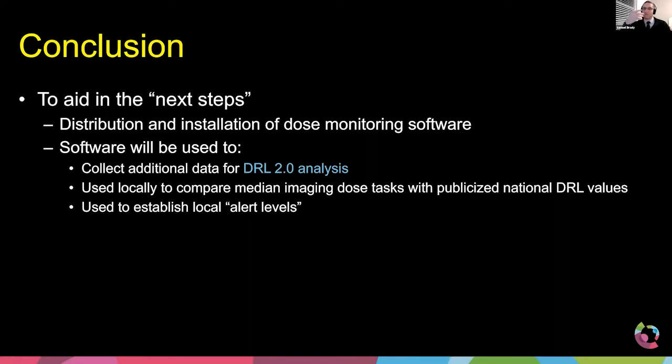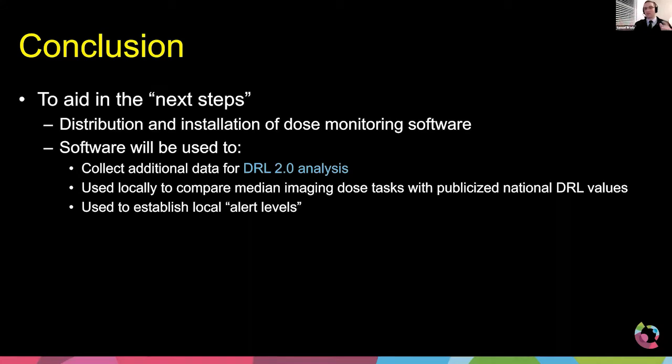So once you have your software installed and you have an adult, a kid, someone go in for their non-contrast brain, and you've set your alert level at, let's say, 70 milligray, and the value is higher than that, now you're going to get an alert value, and you can say, okay, something isn't right here.